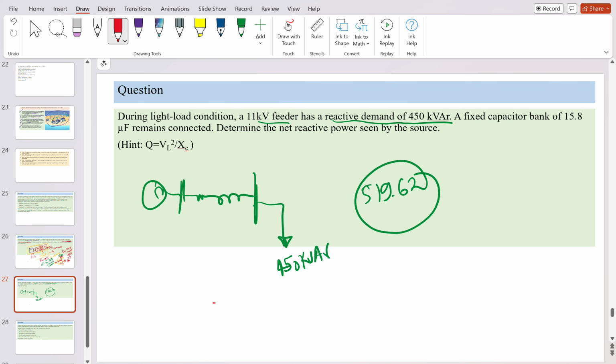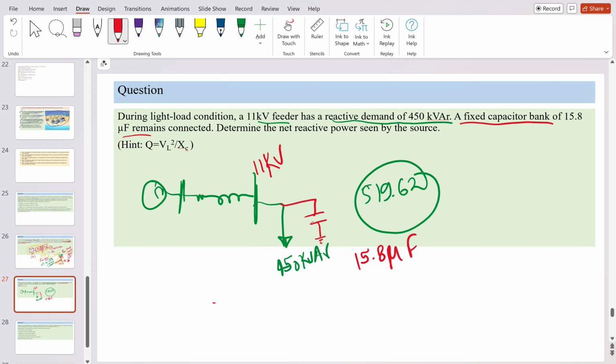But it is also said that a fixed capacitor bank of 15.8 microfarad remains connected. So now you are connecting a capacitor bank as well, of 15.8 microfarad, at the 11 kV feeder itself. Getting my point?